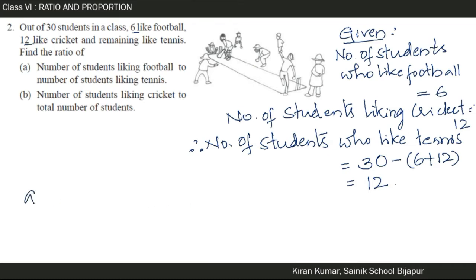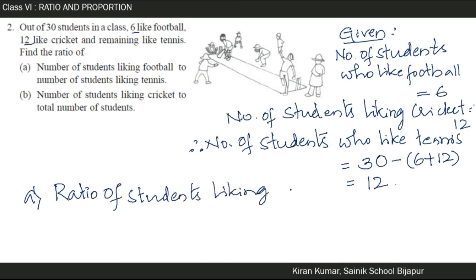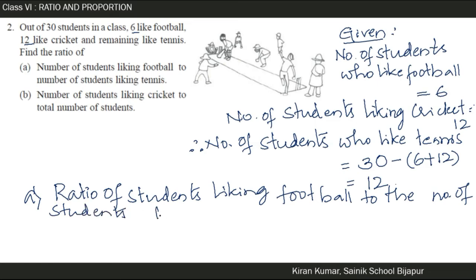Now we can find the ratio. The ratio of students liking football to the number of students liking tennis will be equal to 6 upon 12. We get it as 1:2.